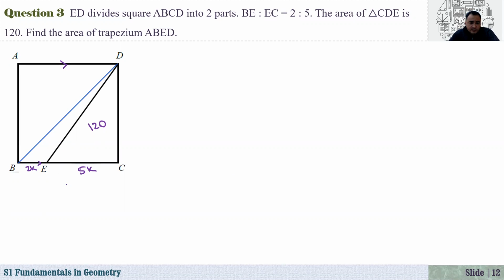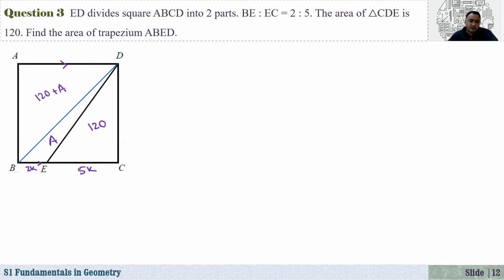And from here, first, let's say this area is equal to A. At the time, the area of ABD will be equal to 120 plus A. So we need to find that area.